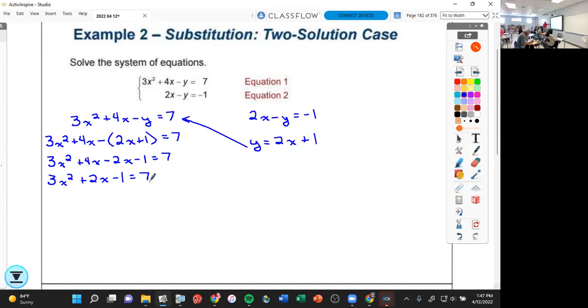Quadratic? How do you solve quadratics? Quadratic formula would work, but something's not right. You have to set it to 0 in general form, which means subtract 7 from both sides. 3x squared plus 2x minus 8 equals 0.